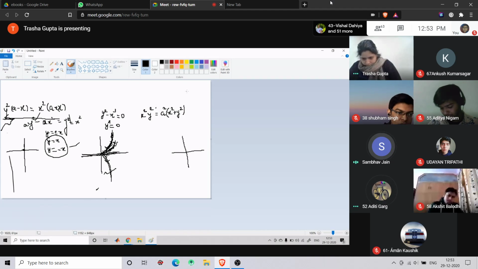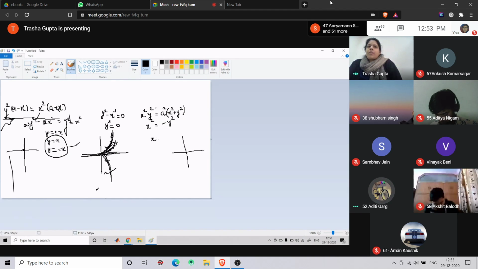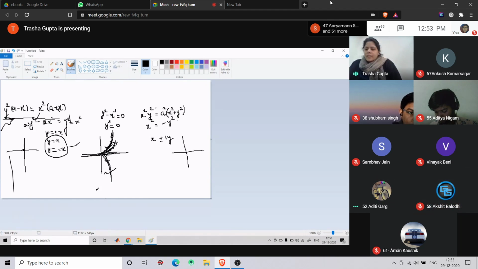Yes. Now find the equation of the tangent to the curve at the origin. x square plus y square equals 0, but the tangent is not possible. It is imaginary: x is equal to plus minus i y. Right?